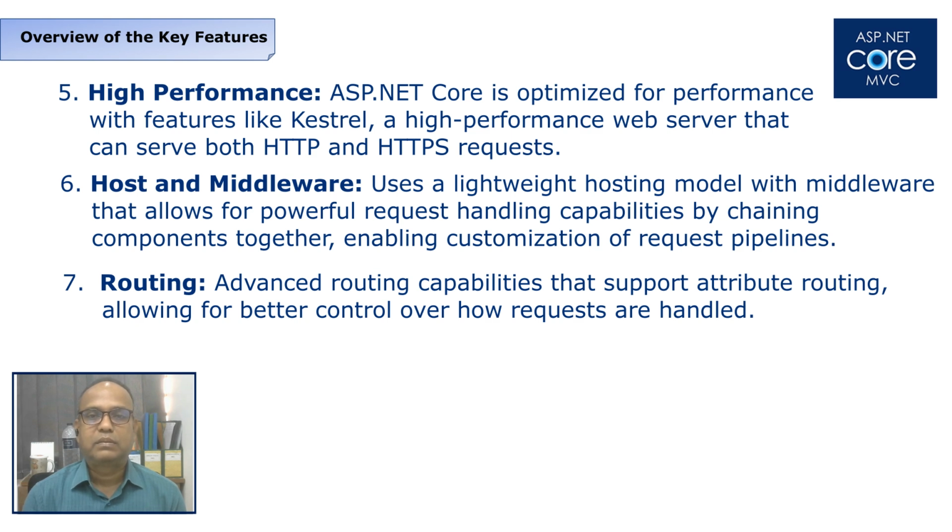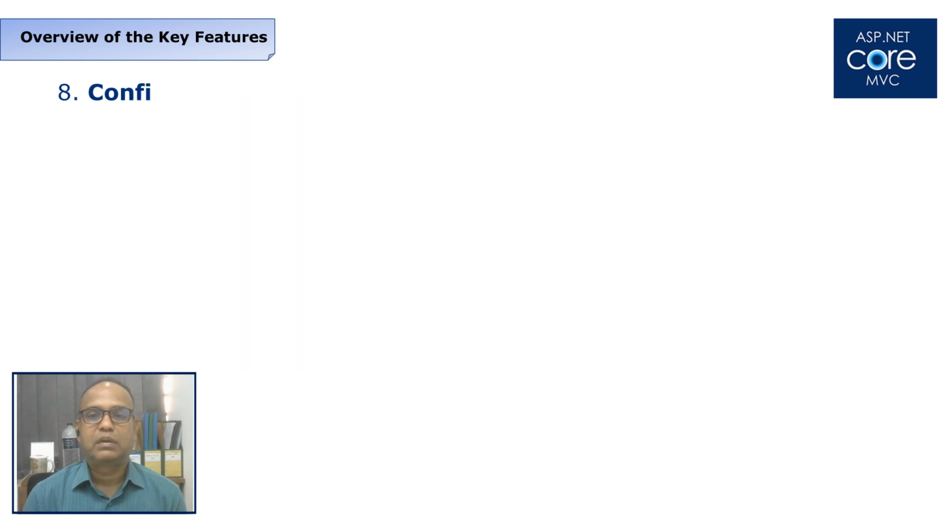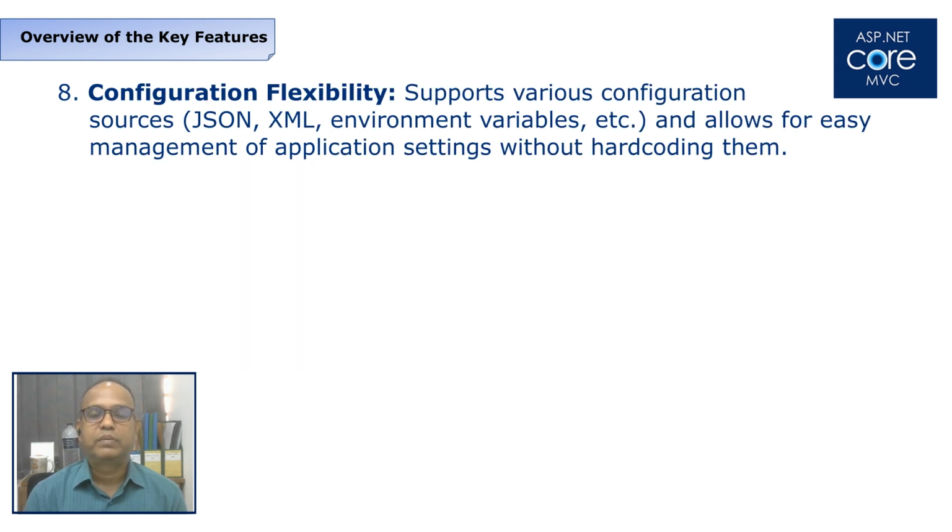Number 7. Routing. Advanced routing capabilities that support attribute routing, allowing for better control over how requests are handled. Number 8. Configuration flexibility. Supports various configuration sources, JSON, XML, environment variables, etc., and allows for easy management of application settings without hard coding them.